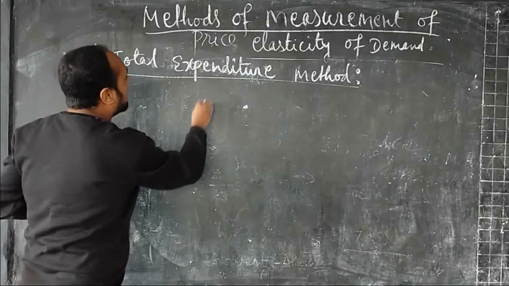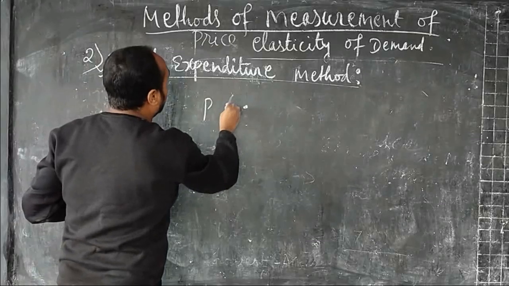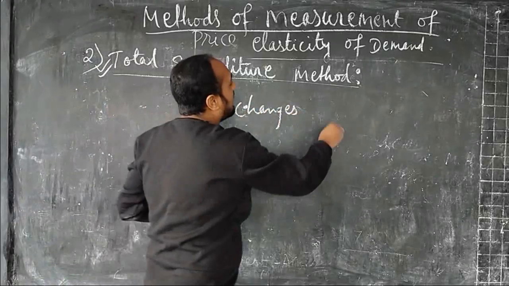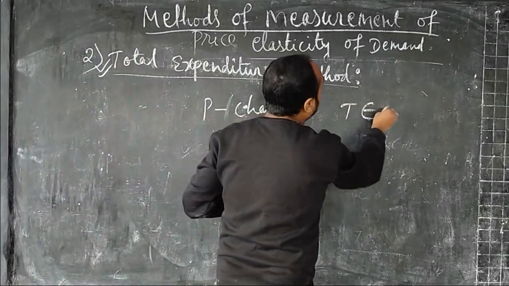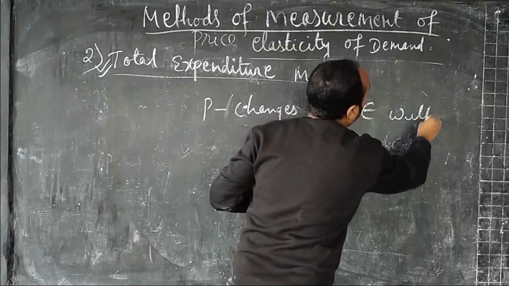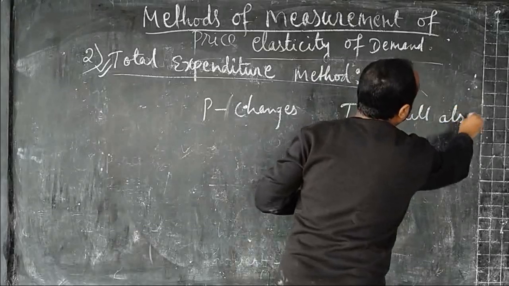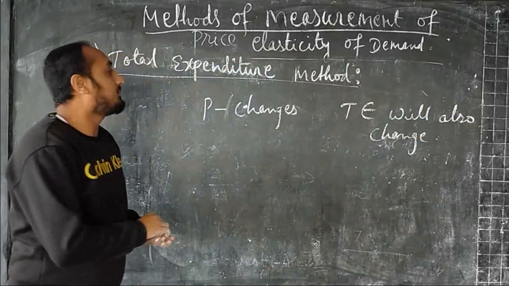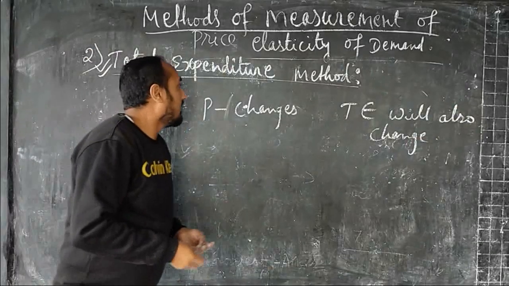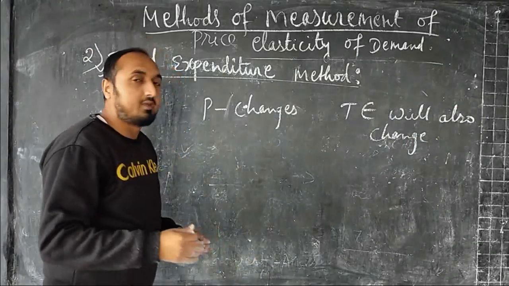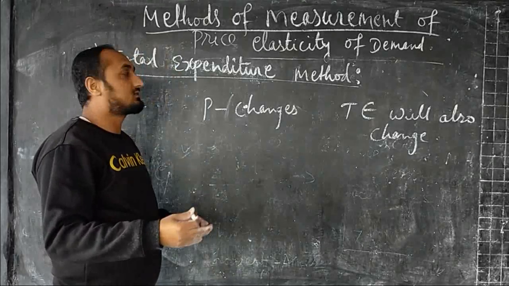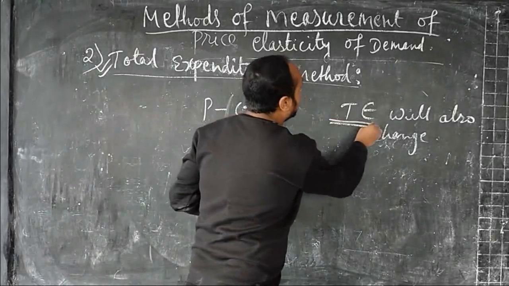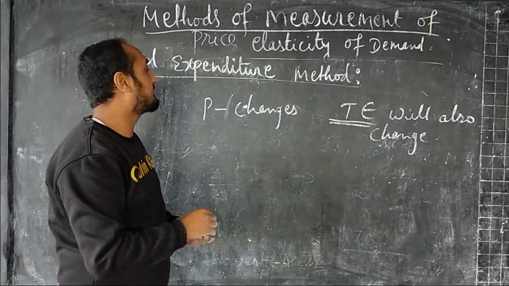So when the price of a commodity changes, your total expenditure will also change. So depending on the situation, we can say that the demand will be elastic, inelastic or unitary elastic, just looking at the total expenses.